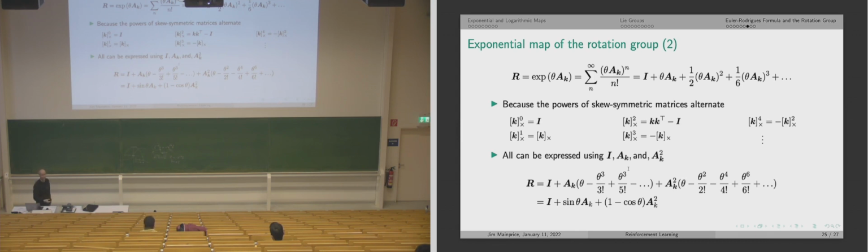And so this is, again, the Rodrigues formula. So this is the key connection between the exponential map for SO(3) and the Rodrigues formula. You get it through this power series, and especially by identifying these skew-symmetric matrices.